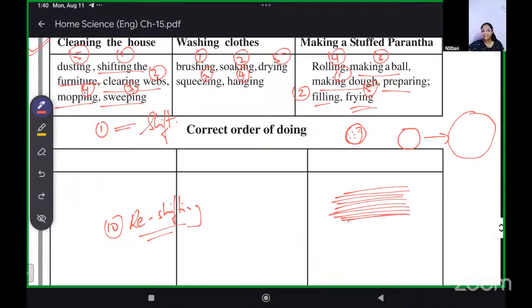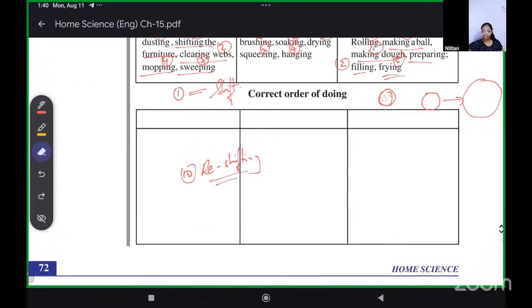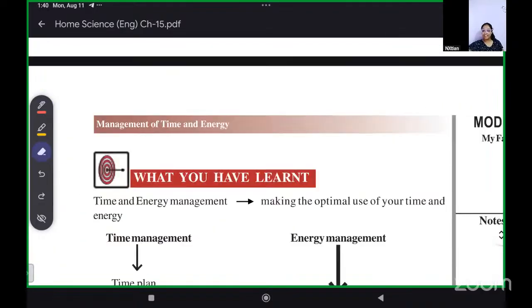I think yesterday only I saw it. The paratha was like this, and it was all thread. So it depends on people how they make it, but this is the basic way we make a stuffed paratha. You can write it down in this space that is provided.